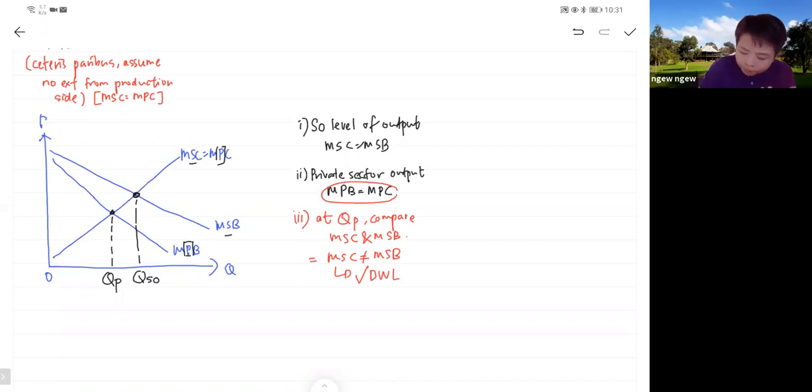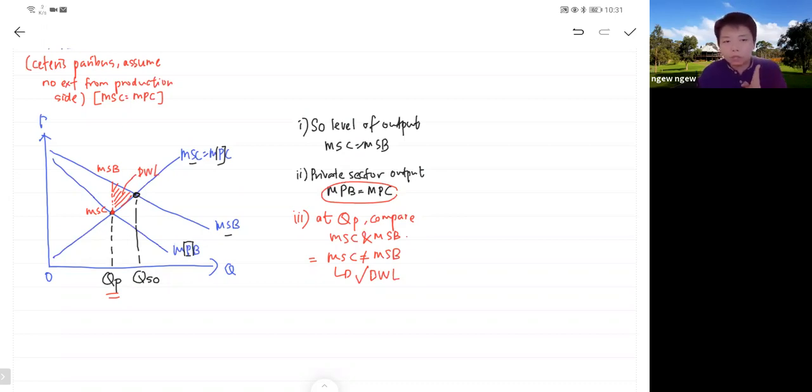So let's try. At private sector output, this is MSC. And then when you go further up, this is your MSB. And then at this part, when you drive towards your socially optimum level of output, this shows your deadweight loss. That is how it works to look for your deadweight loss.